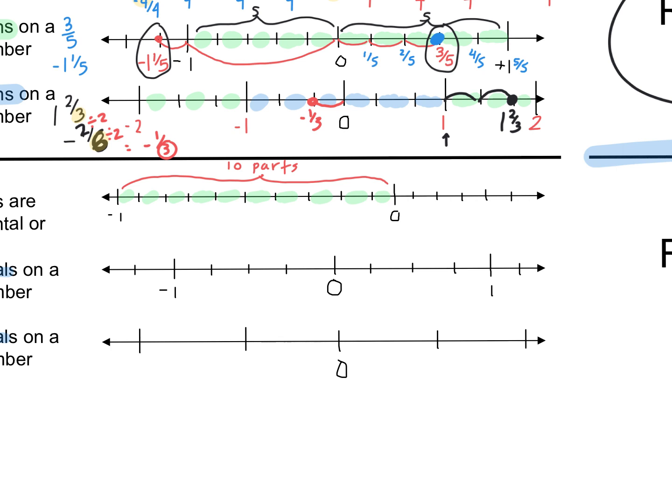So we have -0.10, -0.20, -0.30, and we can keep going and going, okay? So -0.40, -0.50, -0.60, -0.70, -0.80, -0.90, and obviously this is -1.00.